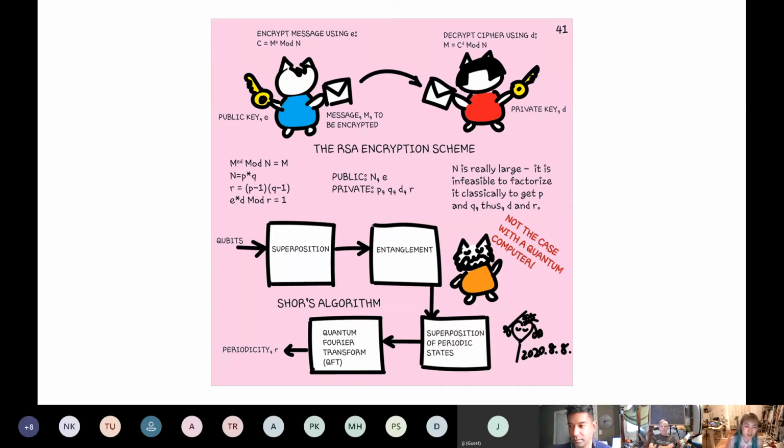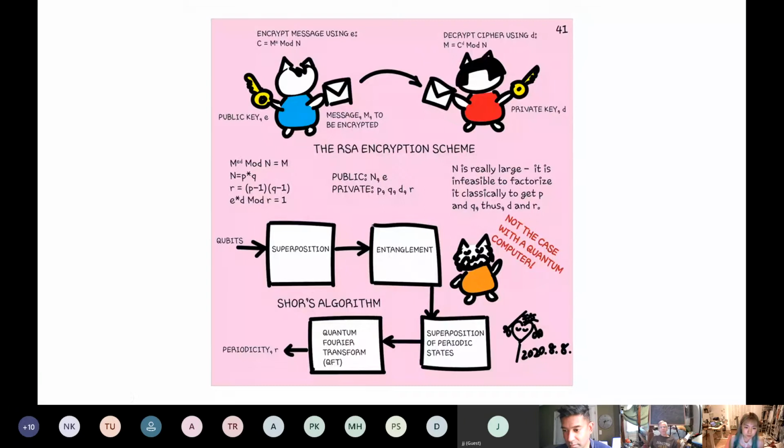RSA encryption uses a really large number and its factors as private keys. Because the number is really large, it's very difficult for people to break and find out what the private keys are. But then Shor's algorithm comes along that is very, very efficient at finding these prime factors of a large number.